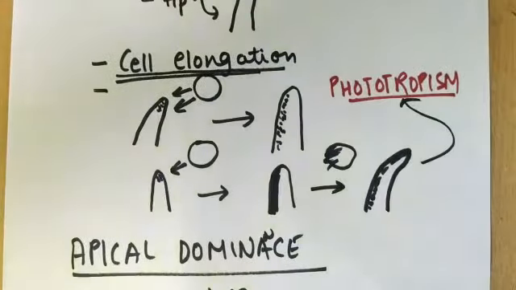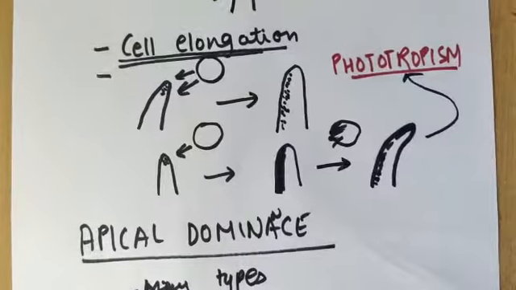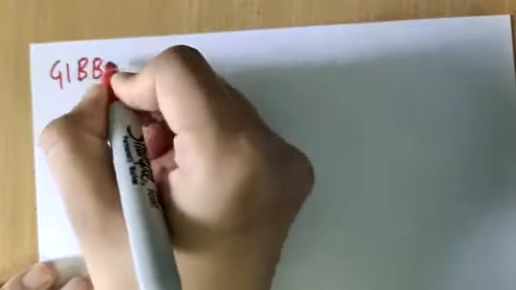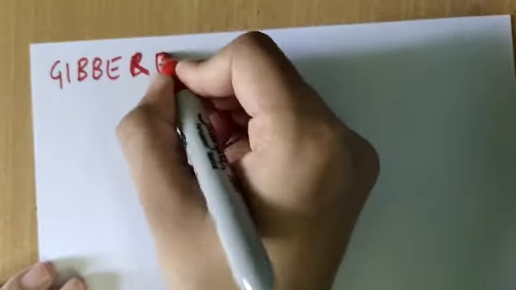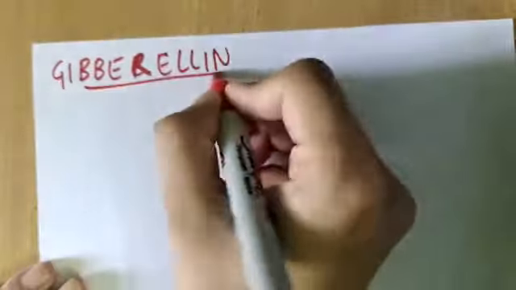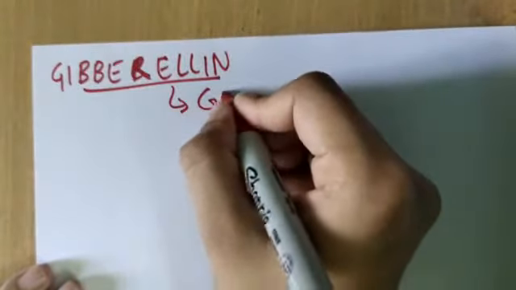The next hormone I'll talk about is gibberellin. It is also abbreviated as GA.